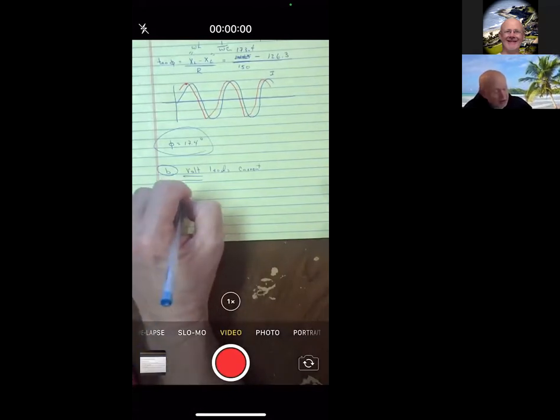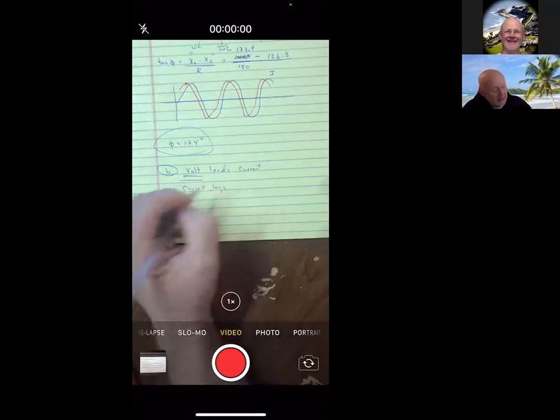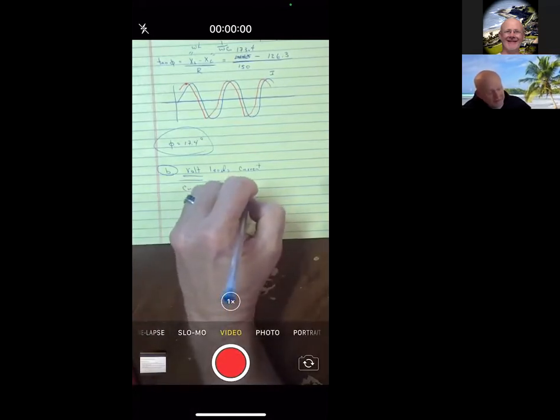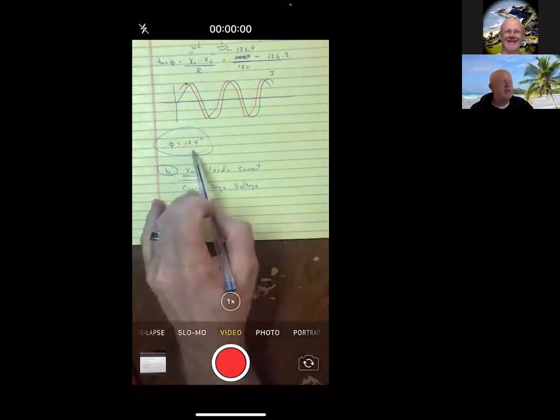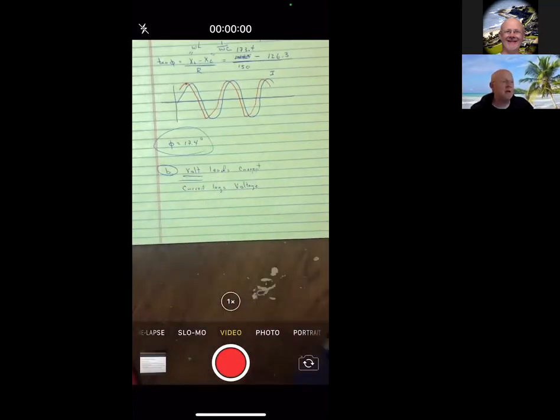I guess you could also say the current lags the voltage, depending on how you want to phrase which one is leading or lagging, which one is ahead and which one is behind. I mean, they mean the same thing. See how your author does it here for 21. So 17.4, and they say here the voltage leads the current. All right, good.